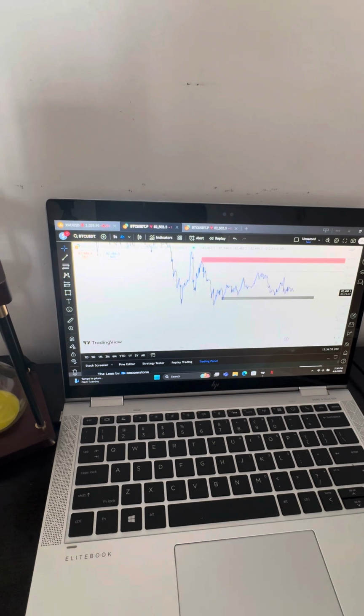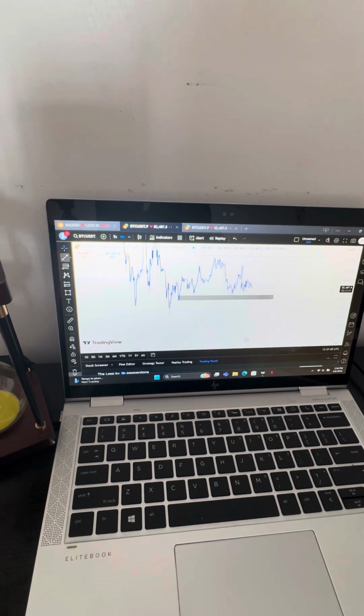And for price to be fully bearish, it needs to clear this liquidity here. See this 4 hour structural liquidity. Price will need to clear that liquidity to become fully bearish.